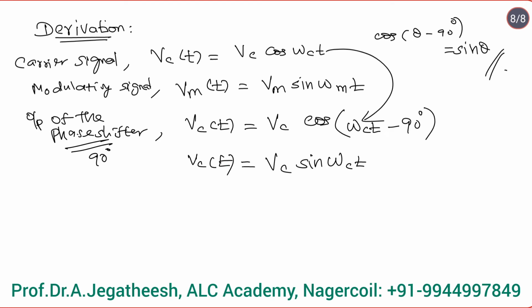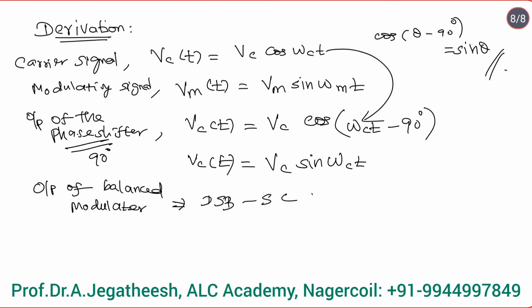Now we can find the output of the balanced modulator. From the block diagram we can say that the input of the balanced modulator will be one from the phase shifter and another one from the modulating signal. As we already know, the output of the balanced modulator will be a DSB-SC signal, that is double sideband suppressed carrier.